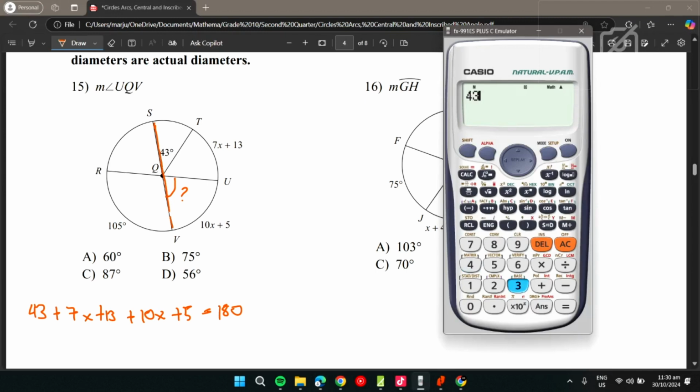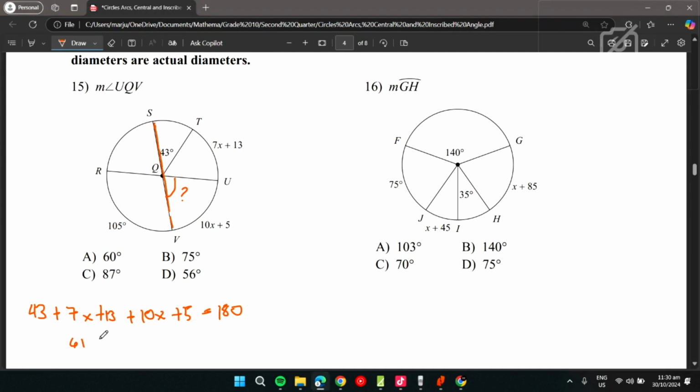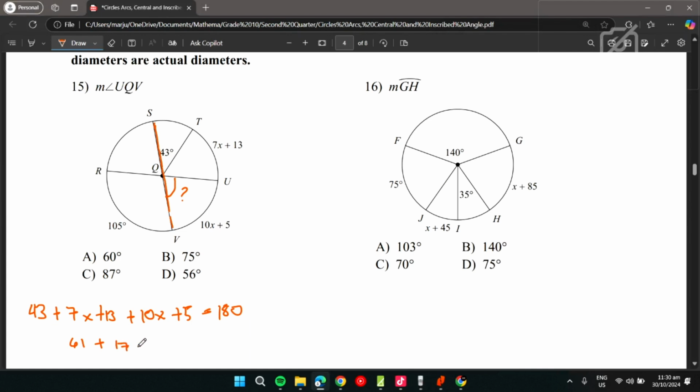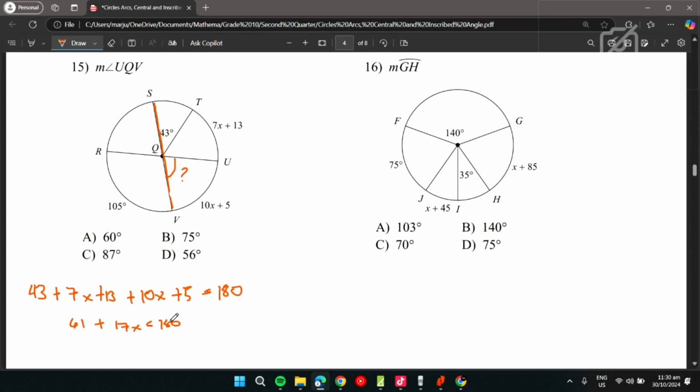Meron tayong 43 plus 13 and then plus 5. That gives us 61. So, meron tayong 61 plus, ano yung mga x values? Meron tayong 7 plus 10, right? So, meron tayong 17x equals 180.